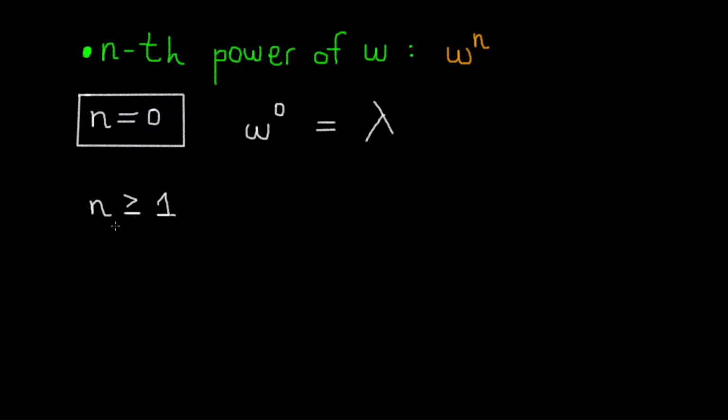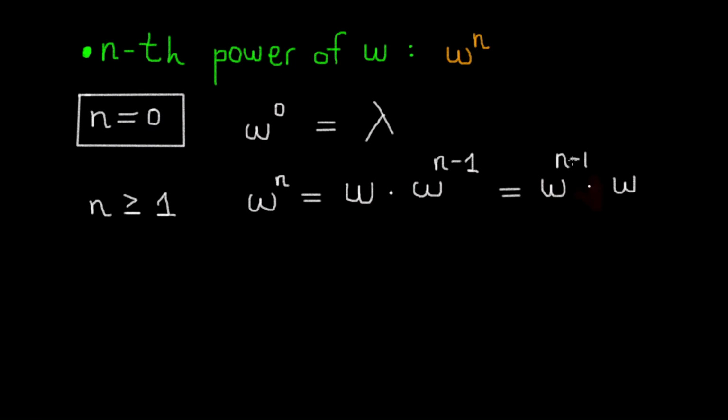Then, when n is greater than or equal to 1, by definition, the nth power of this word is equal to W concatenated with W raised to the power of n minus 1, which is in fact equal to W raised to the power of n minus 1 concatenated with W.